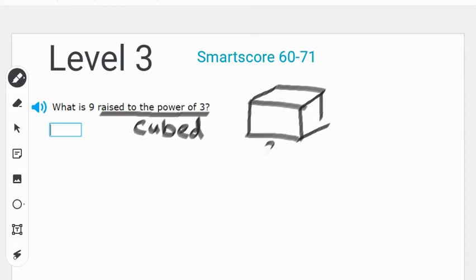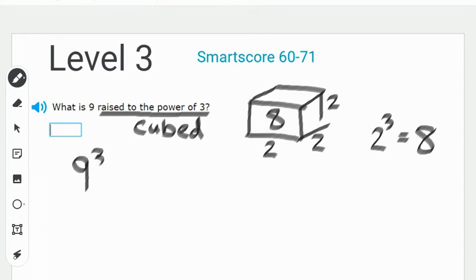So say a width of 2, a length of 2, and a height of 2. Well, the volume is 2 times 2 times 2, or 2 to the third power, which does end up equaling 8. So the volume of this cube is 8, and that's why when we have a third power, we say cubed.